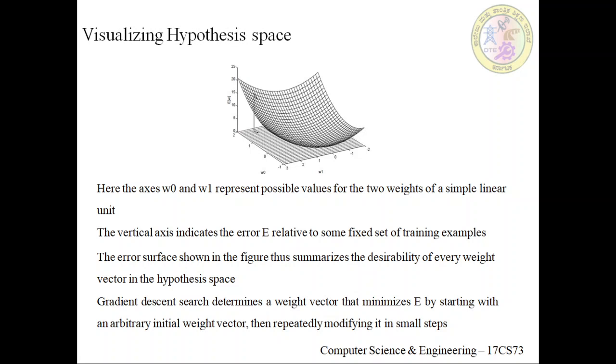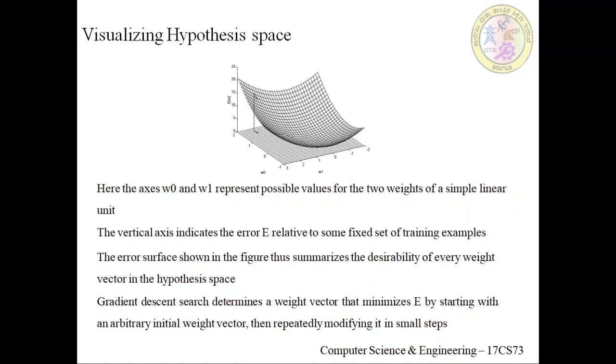The axes w0 and w1 represent the possible values for the two weights of a simple linear unit. The w0-w1 plane therefore represents the entire hypothesis space, and the vertical axis indicates the error E relative to some fixed set of training examples. The error surface summarizes the desirability of every weight vector in the hypothesis space.